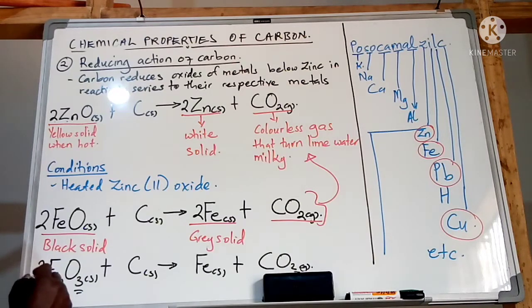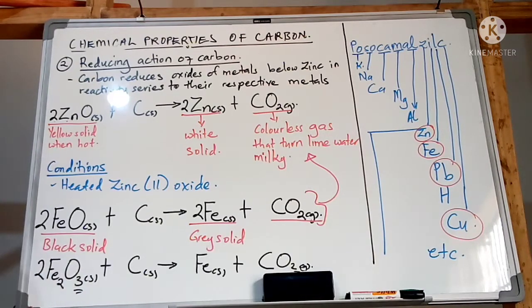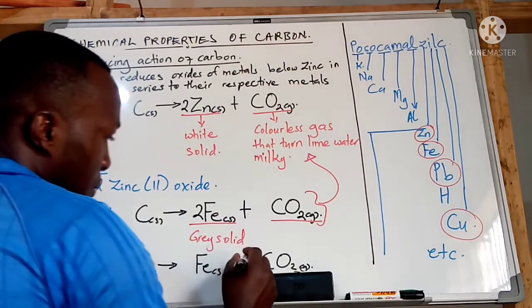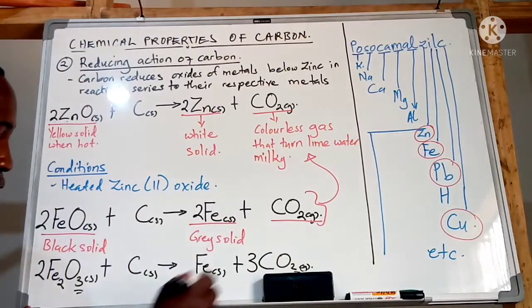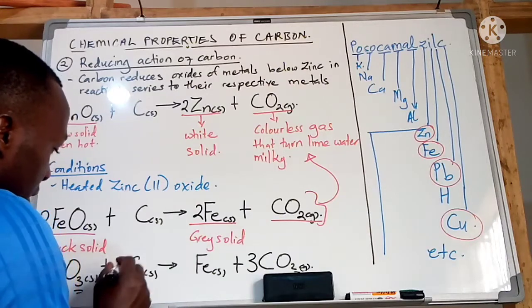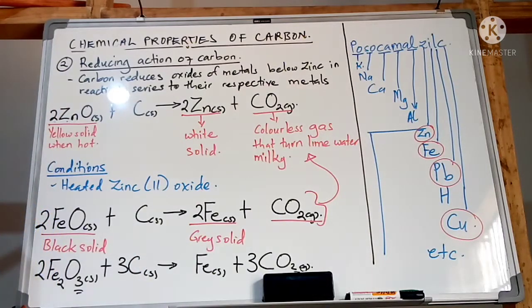So I'm multiplying by 2 to make this oxygen become 6. I'll multiply by 3 here to make this oxygen become 6. Carbon is 3, I multiply the 3 such that carbon is equal. Iron is 4, I'll multiply 4 here. So you're going to see that carbon can reduce all oxides of iron, like I've demonstrated here.